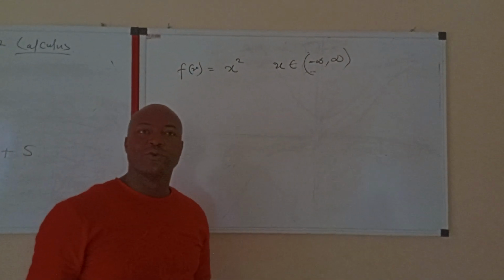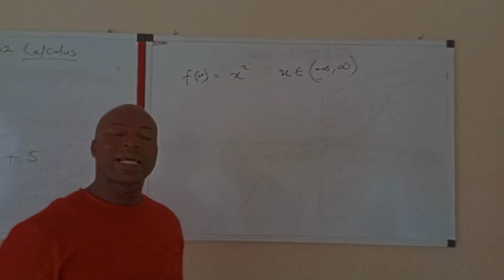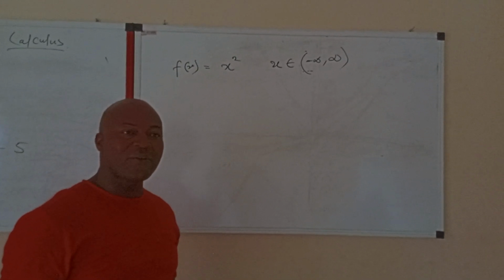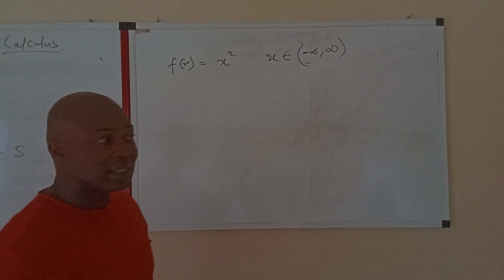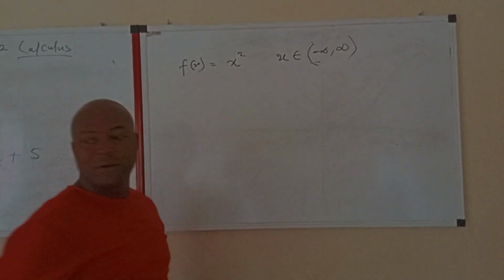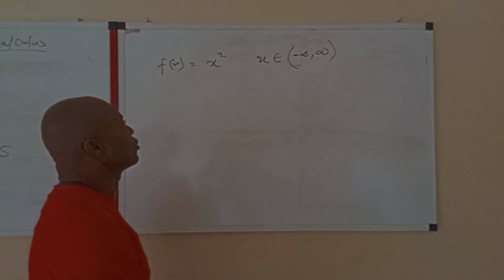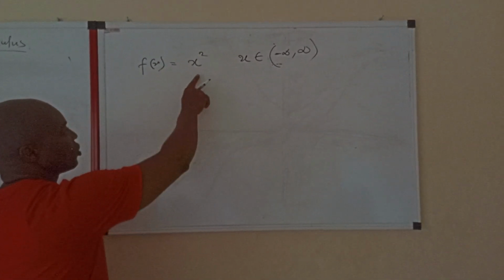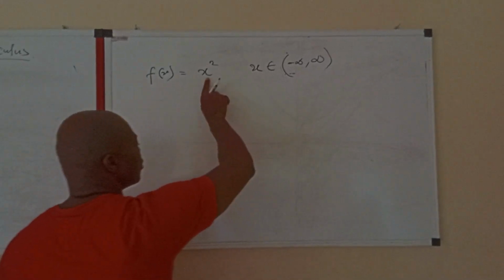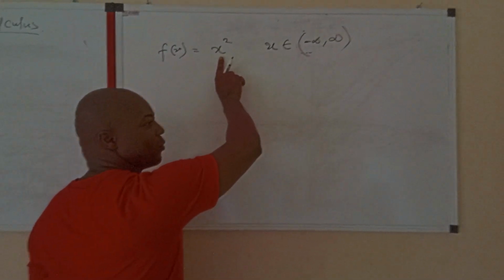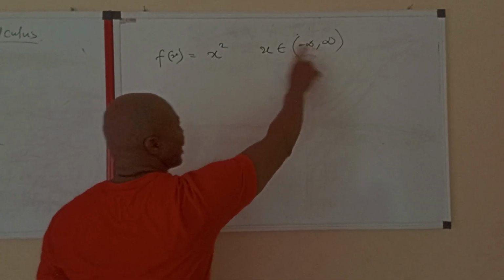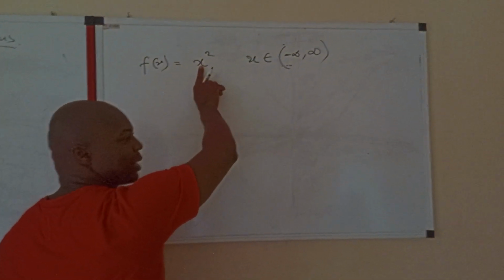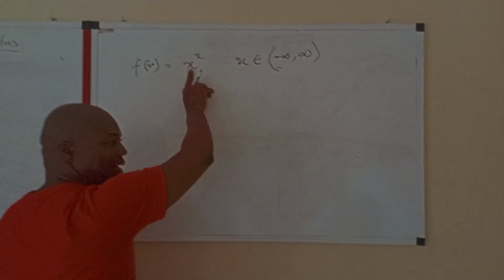Now, the next thing, now that we have seen this as the domain, the next thing we want to find is the range of the function. Now, for the range, when you put 0 inside this one, what will be the answer we will get? 0. When we put minus 1 inside this one, minus 1 times minus 1 gives you plus 1.